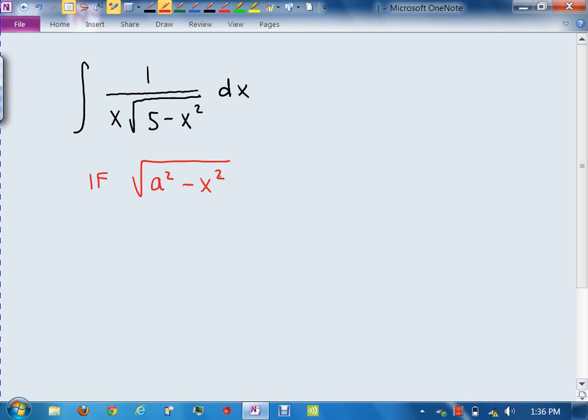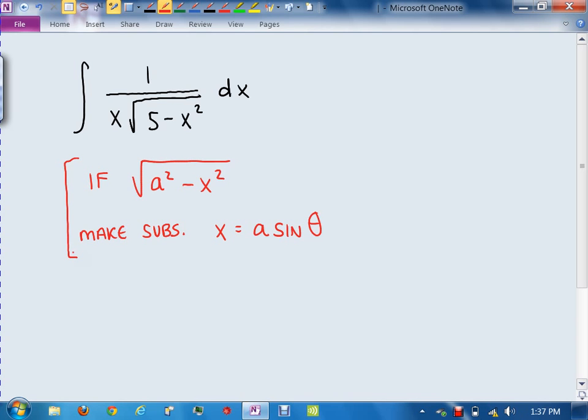So again, referring to page 322, we make the substitution of x equals a sine theta.